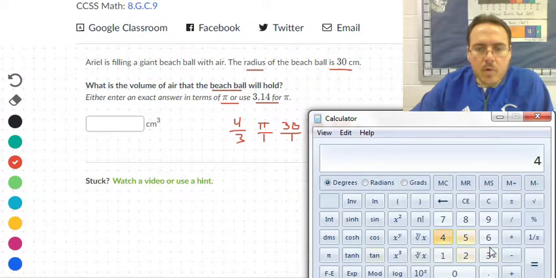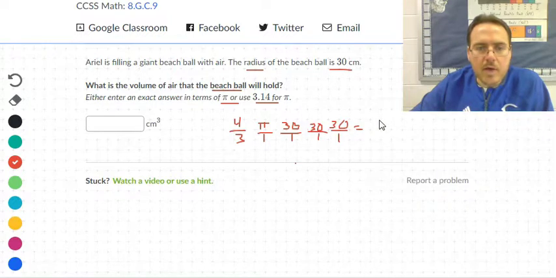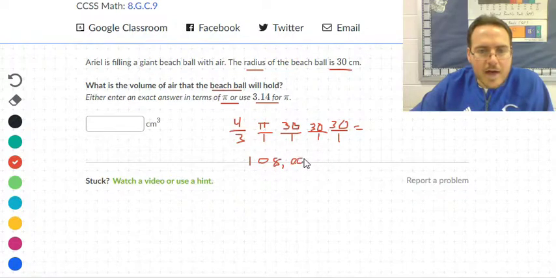Okay, so it'll be 4 times 30 times 30 times 30. 108,000 pi over 3.